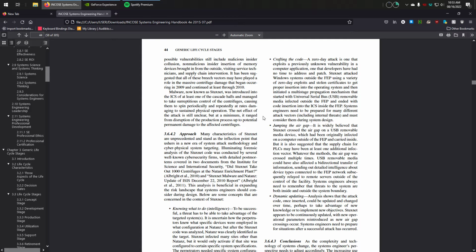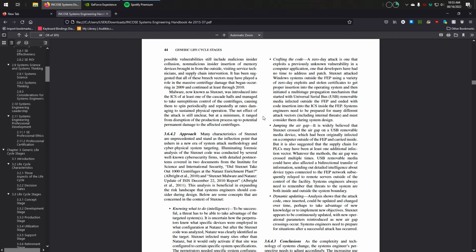Stuxnet attacked Windows systems outside of the FEP using a variety of zero-day exploits and stolen certificates to get proper insertion into the operating system, and then initiated a multi-stage propagation mechanism that started with a universal serial bus, removable media infected outside the FEP, and ended with code insertion into the ICS inside the FEP. Systems engineers need to be prepared for many different attack vectors, including internal threats, and must consider them during system design.